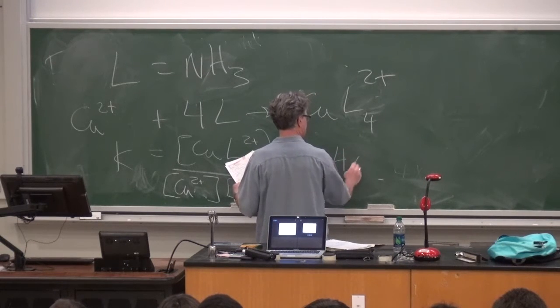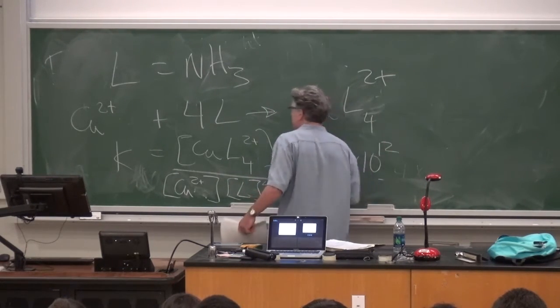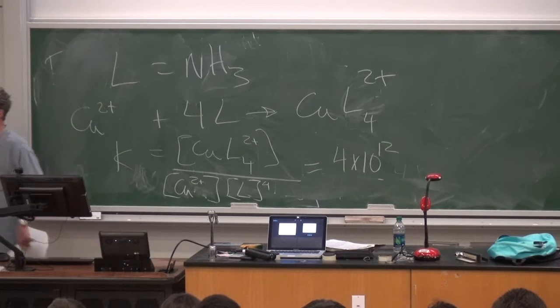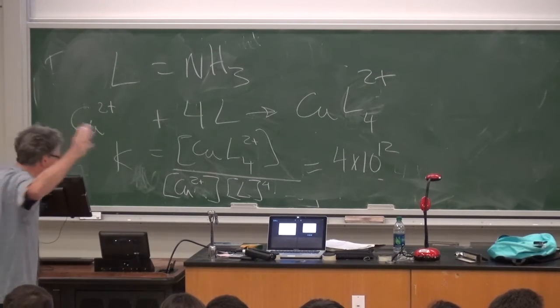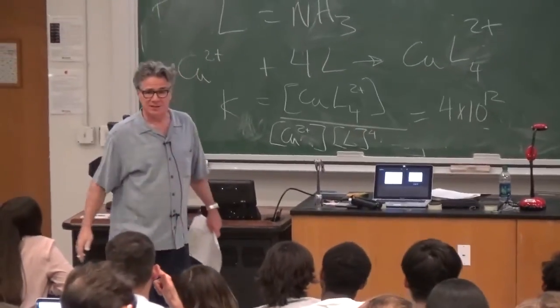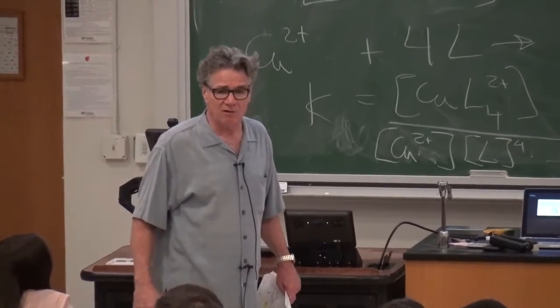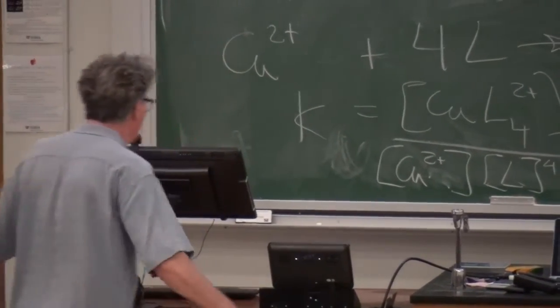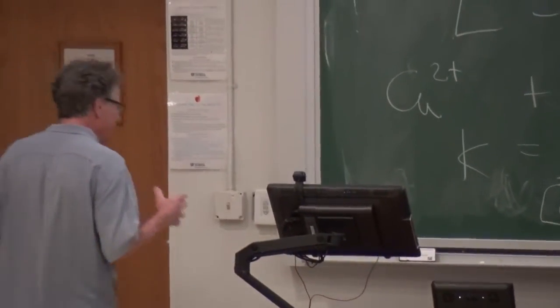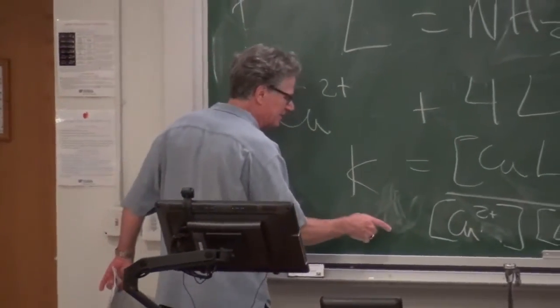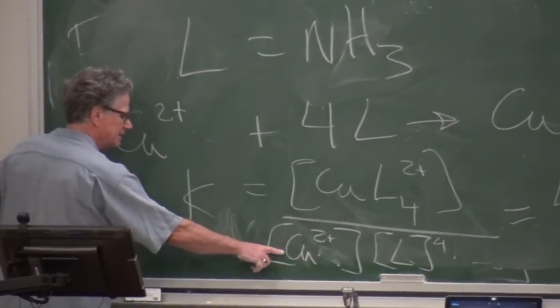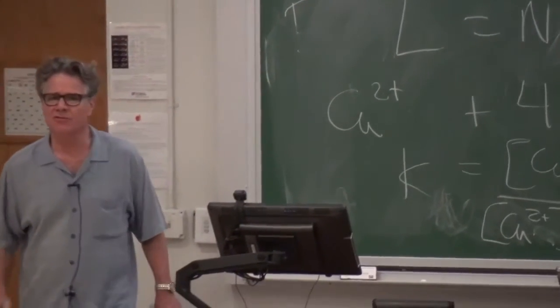All right. Now here's an important thing, and it's the last thing I'll talk about today. Even though that equilibrium constant is huge, it's 4 times 10 to the 12th, it's not 0. There is, at equilibrium, in that solution, a tiny amount of copper ion, free.